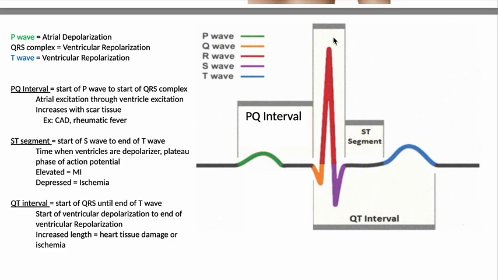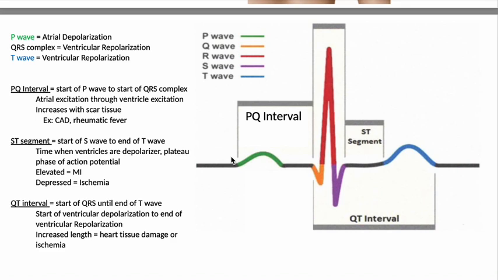The QRS complex is going to mask the atrial repolarization. We can't see it on our ECG. So those are the 3 main things that you will learn how to evaluate on an ECG. Those are the 3 main basic peaks that you need to know.